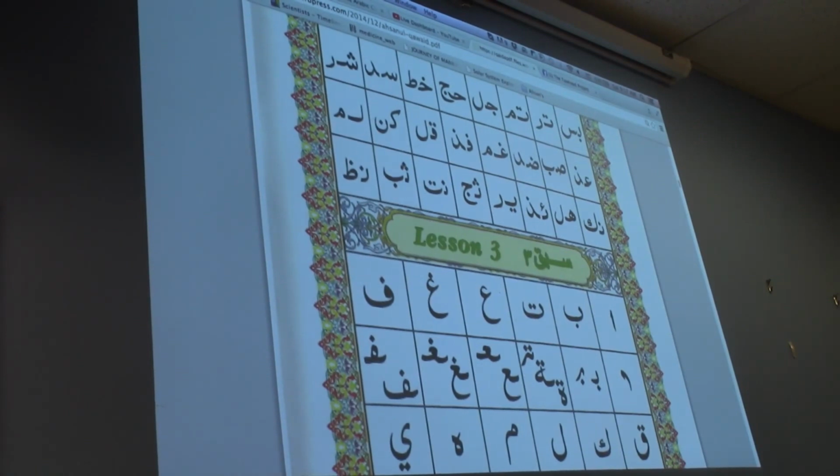Then we have Dad. Dal. Dad Dal. Okay, then we have ghain, mim, ghain mim.